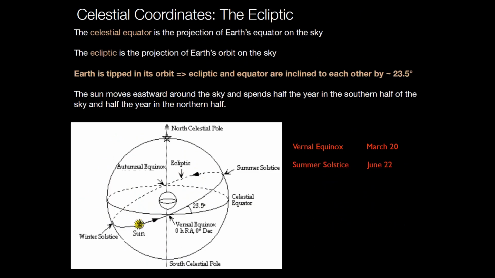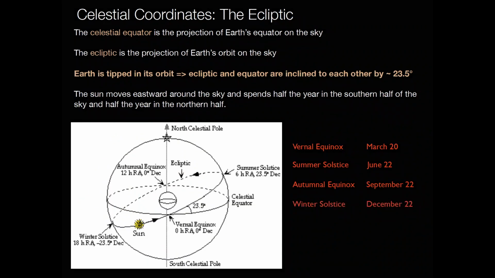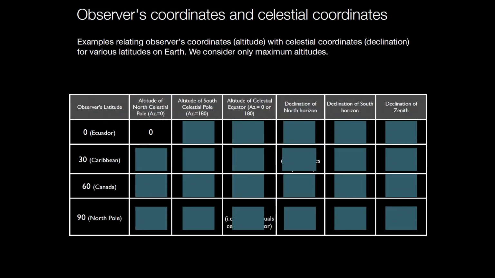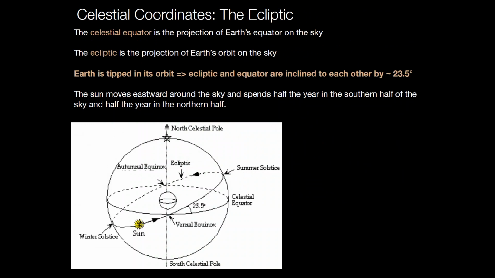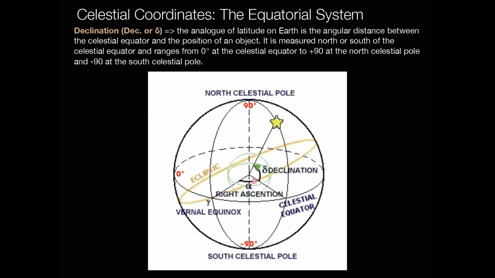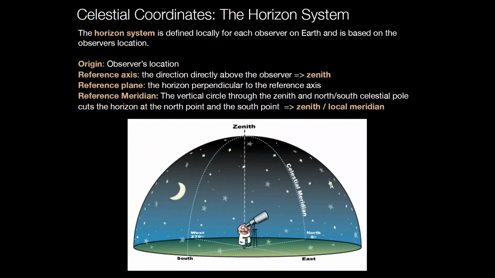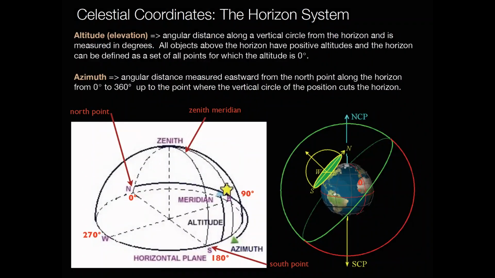So what's the first question? The first question is, what is the altitude of the North Celestial Pole? The altitude is the height above the horizon. Let's go back to our diagram. If this is rotated down to there, the North Celestial Pole, which is this direction, must be just on the horizon.